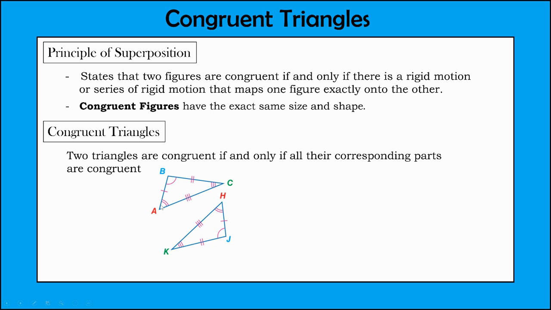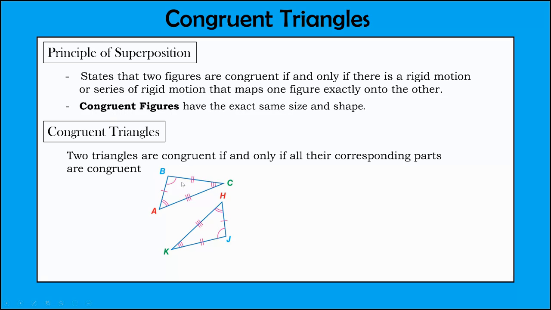If these two triangles, ABC and HJK, are truly congruent, then all three corresponding sides have to be congruent and all three corresponding angles have to be congruent. And if that's true, then we can say the two triangles are congruent. And how we write that congruent statement is important.